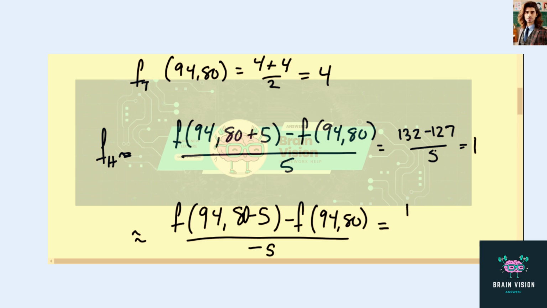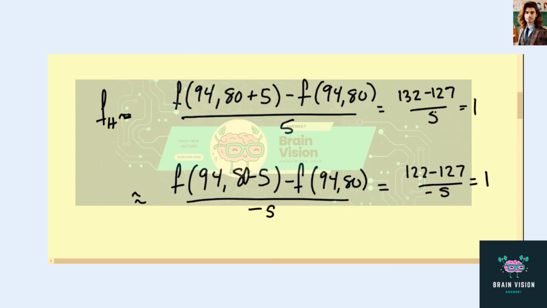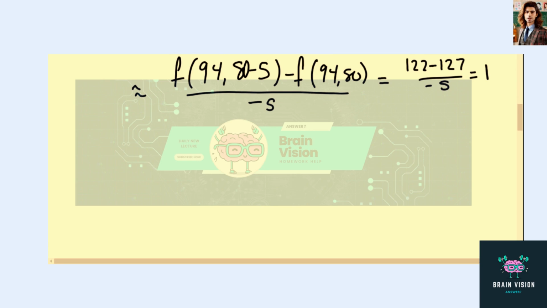This gives us 122 minus 127 over negative 5, which is equal to 1 again. Okay, so now we want to take the average, right? So we get the partial derivative of f with respect to h at 94 and 80 is equal to 1 plus 1 over 2. It's equal to 1.